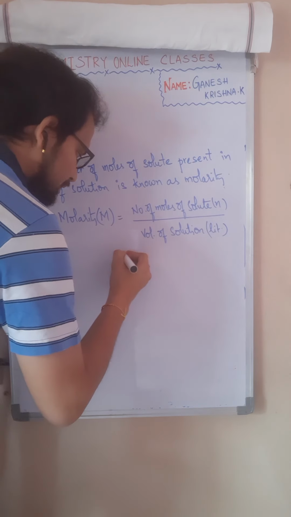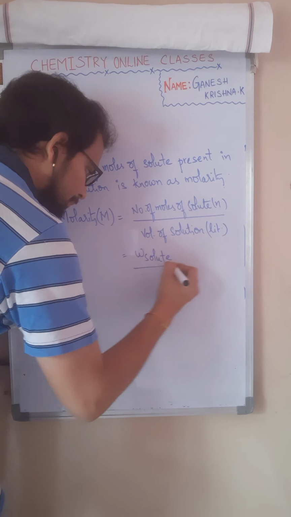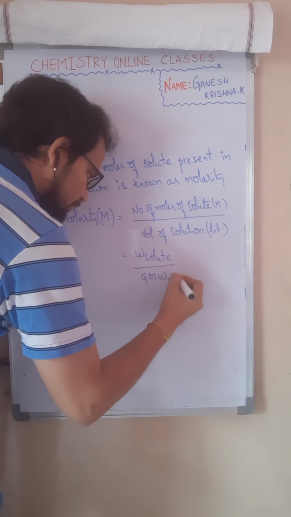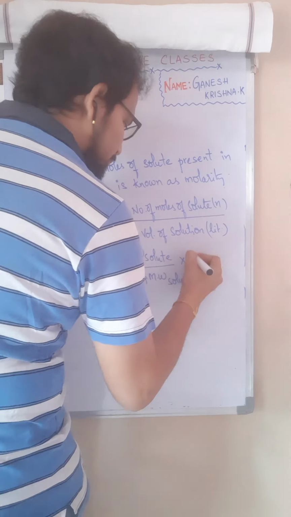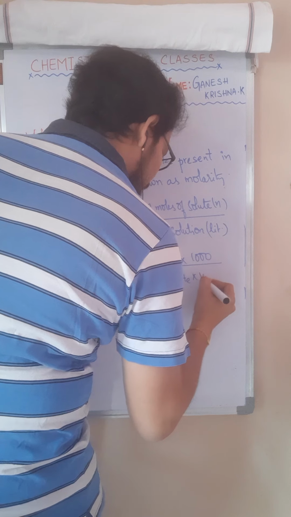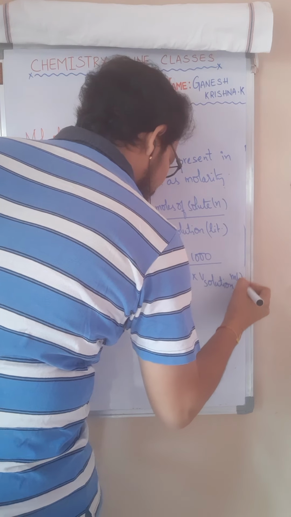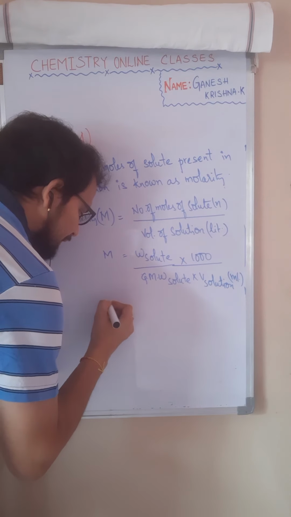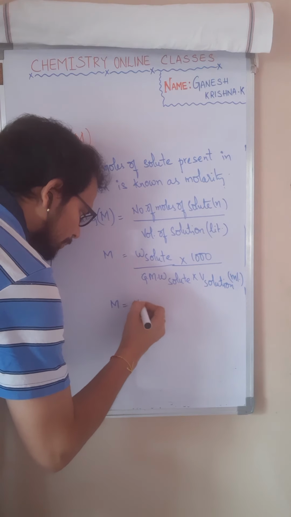Even this can be written as weight of solute by gram molecular weight of solute into 1000 by volume of solution measured in milliliters.